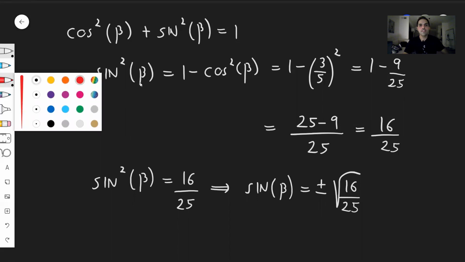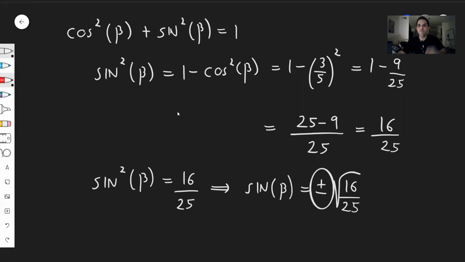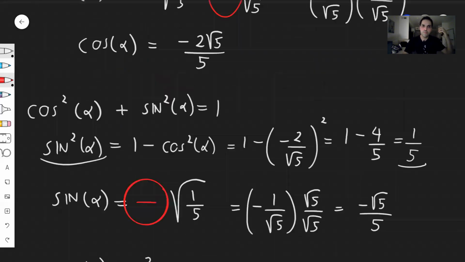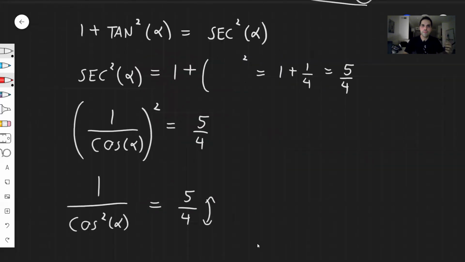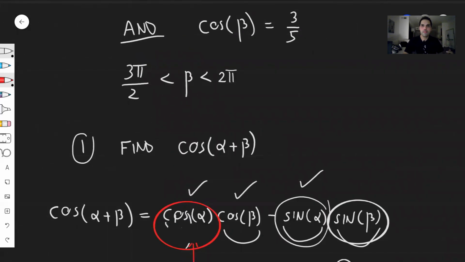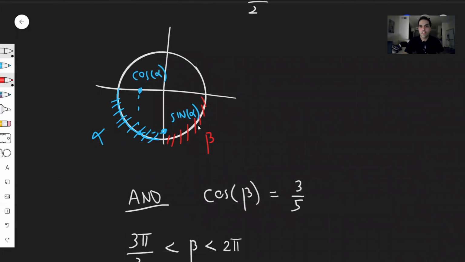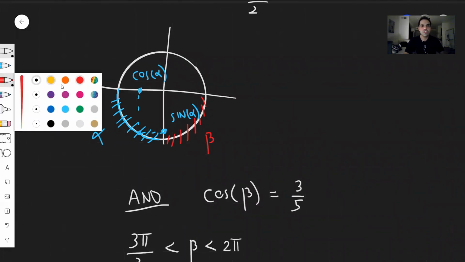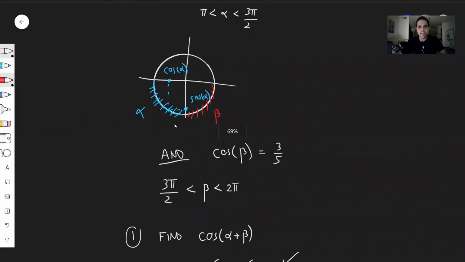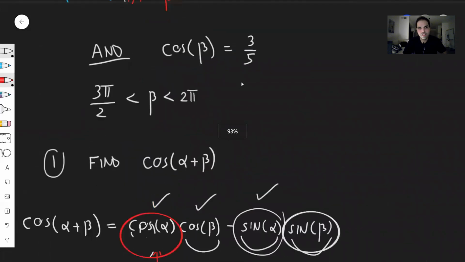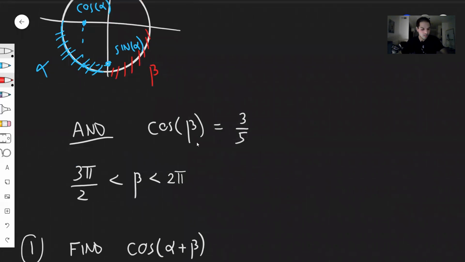Well, let's again check our unit circle. Now remember, beta is in this region, so sine of beta is, this time, again negative. So sine of beta is here.